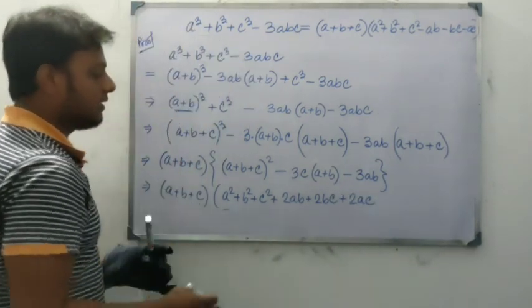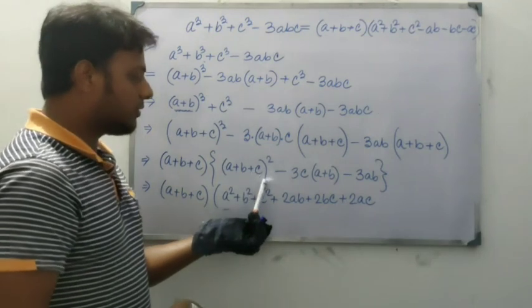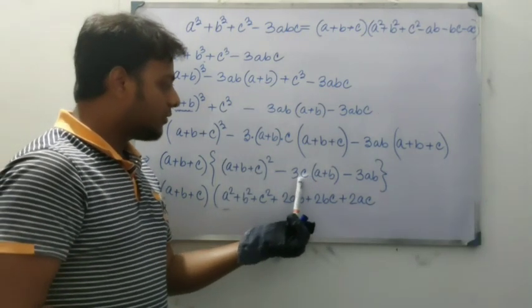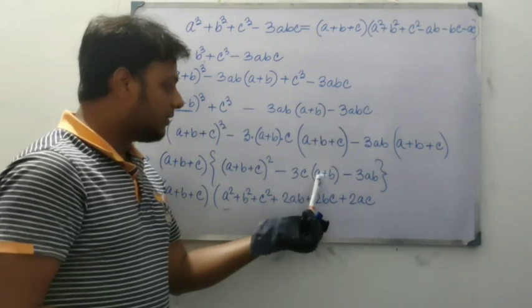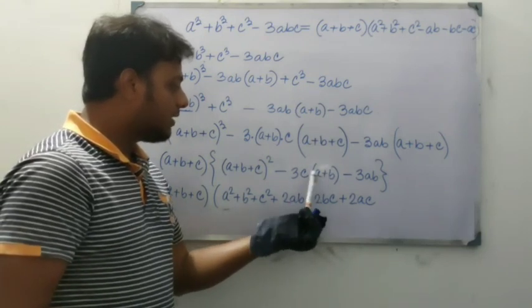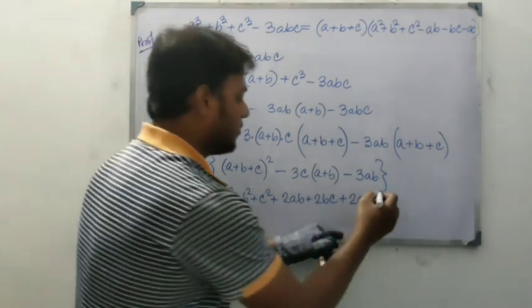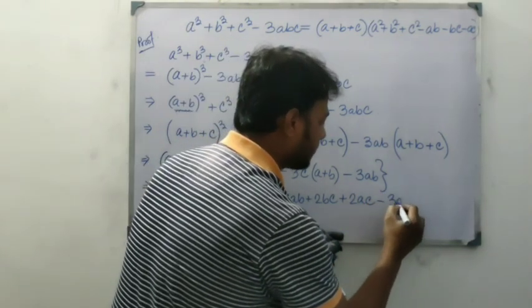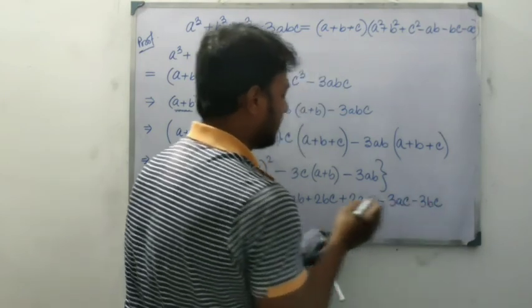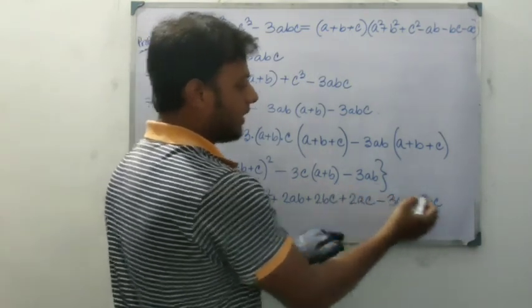So this completes the identity for a plus b plus c whole square. After that 3c into this, so expand it. If you multiply with this, then first one will be minus 3ac, minus 3bc. Up to this complete. After that minus 3ab.